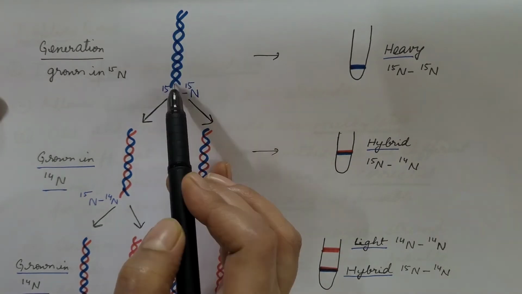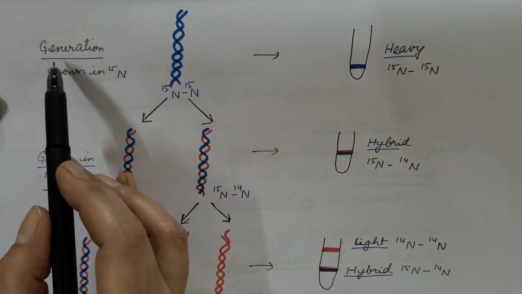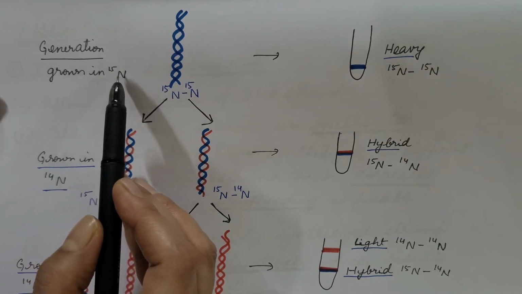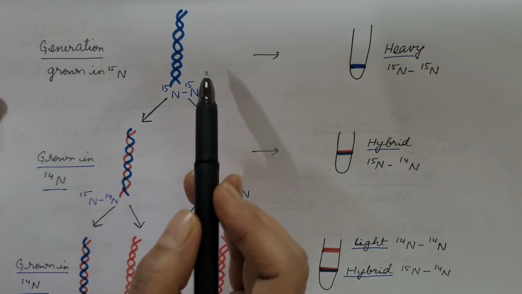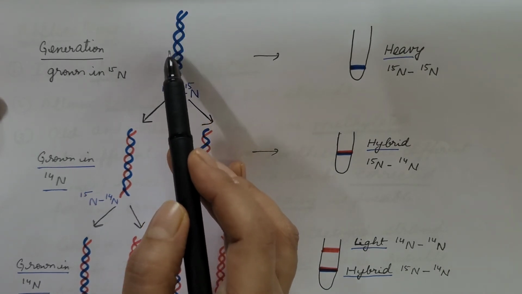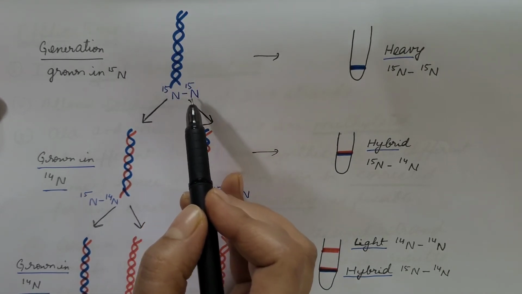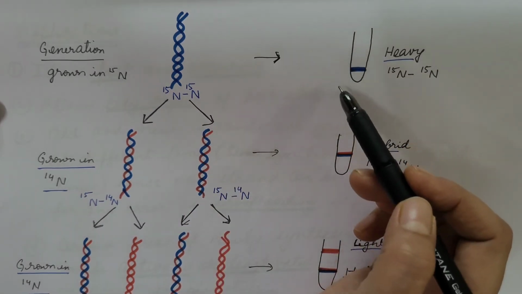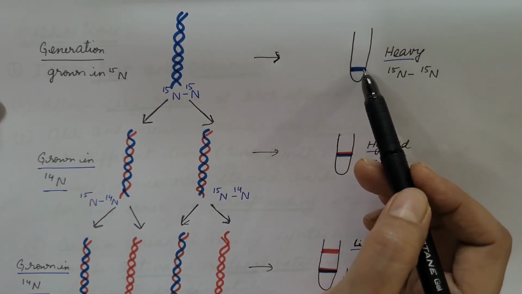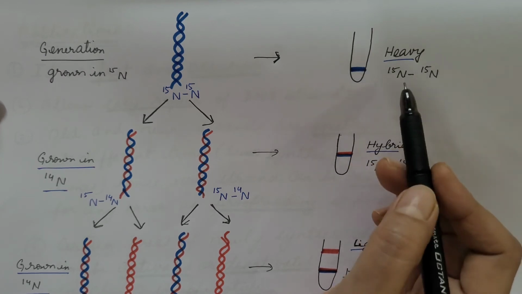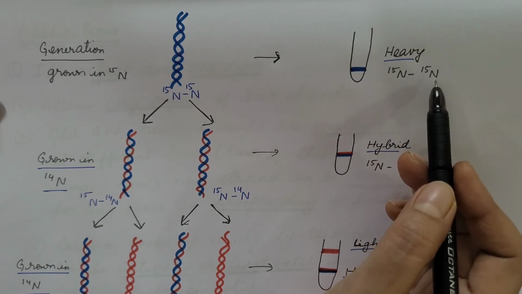This is the DNA of the E. coli that was grown in medium containing 15N nitrogen. Hence, both the strands are 15N and 15N. It was found out by the density gradient centrifugation, which gave the heavy band 15N and 15N.